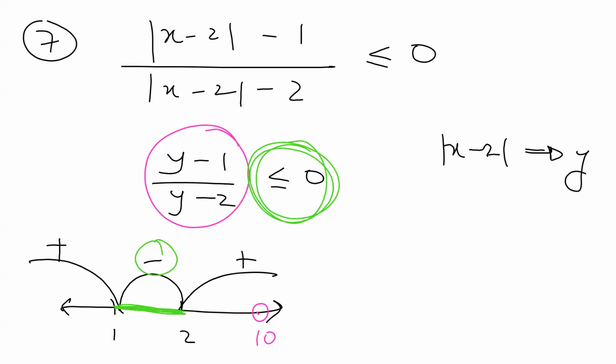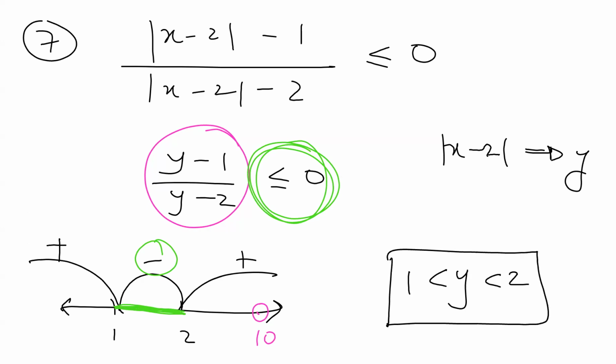So this part from 1 to 2. So y belongs to 1 to 2. What will have an equal to sign? So the 1. Perfect. 1 will have the equal to sign.